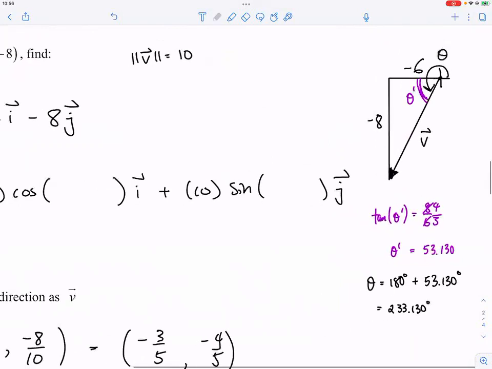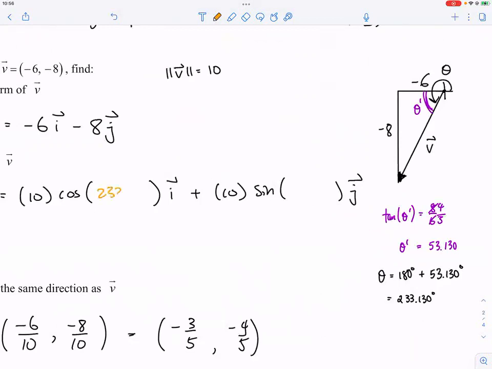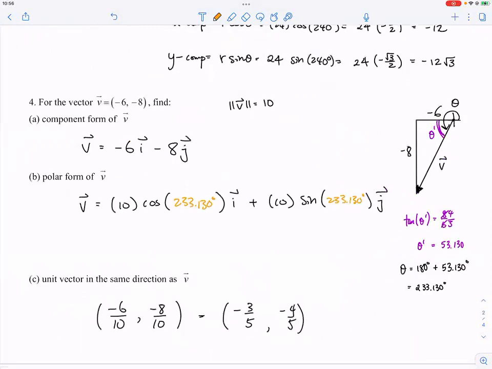So that's what we put into the theta right here, 233.130 degrees. And that's how we express the vector in polar form.